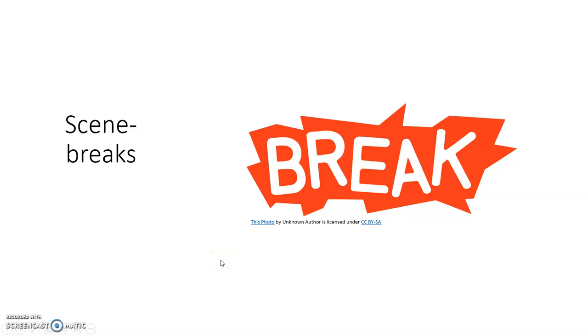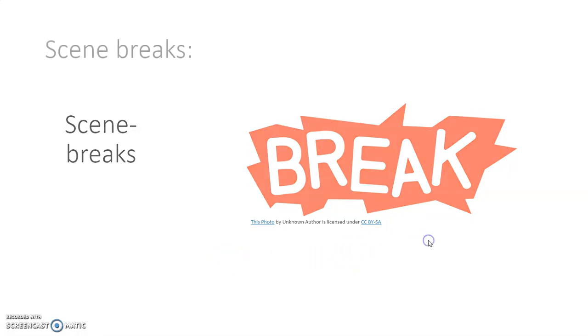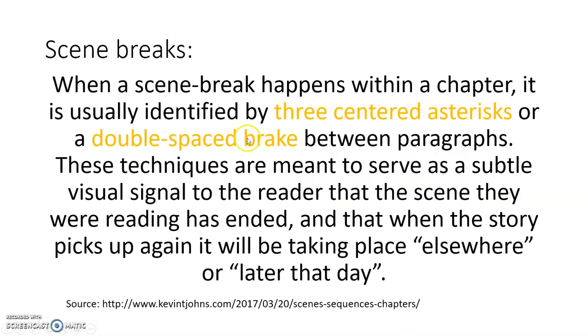Anyway, let's talk really quickly about scene breaks. When we have a break between scenes, there's a few different ways that can be done. Usually, when we have a scene break within a chapter, the standard is using 3 centered asterisks. It's kind of just a little like, hey, we're changing scenes here. Sometimes it's just a double space break.